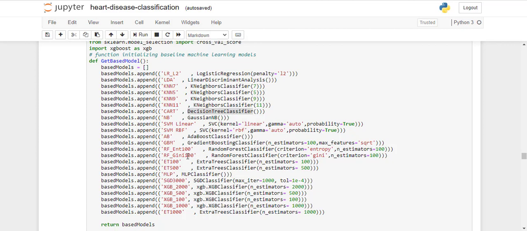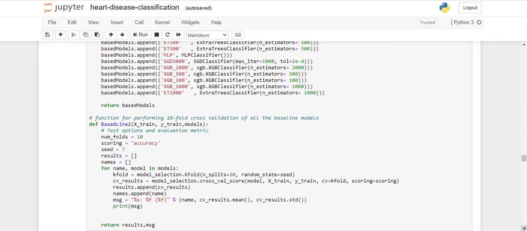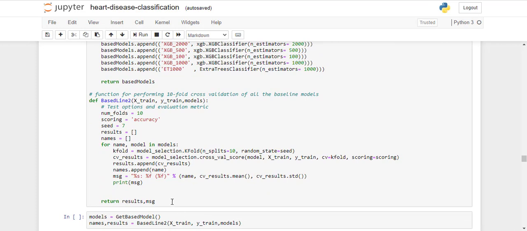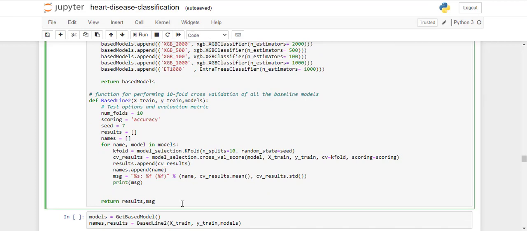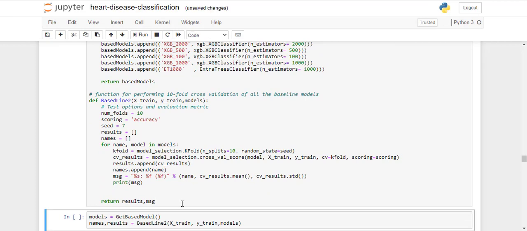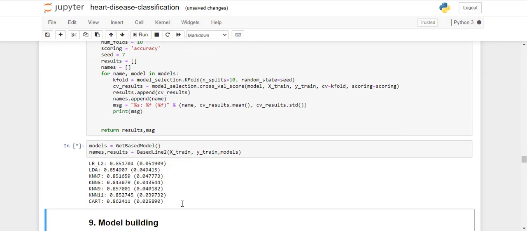For example, in RF we are using entropy and Gini as two separate models, in extra tree classifier 100, 500 and 1000 trees, and for XGB 100, 500, 1000, 2000. We are just comparing how they behave in cross validation, and whichever combination performs well, we'll select that combination with the machine learning algorithm. So let's start and see which algorithm performs well in cross validation.